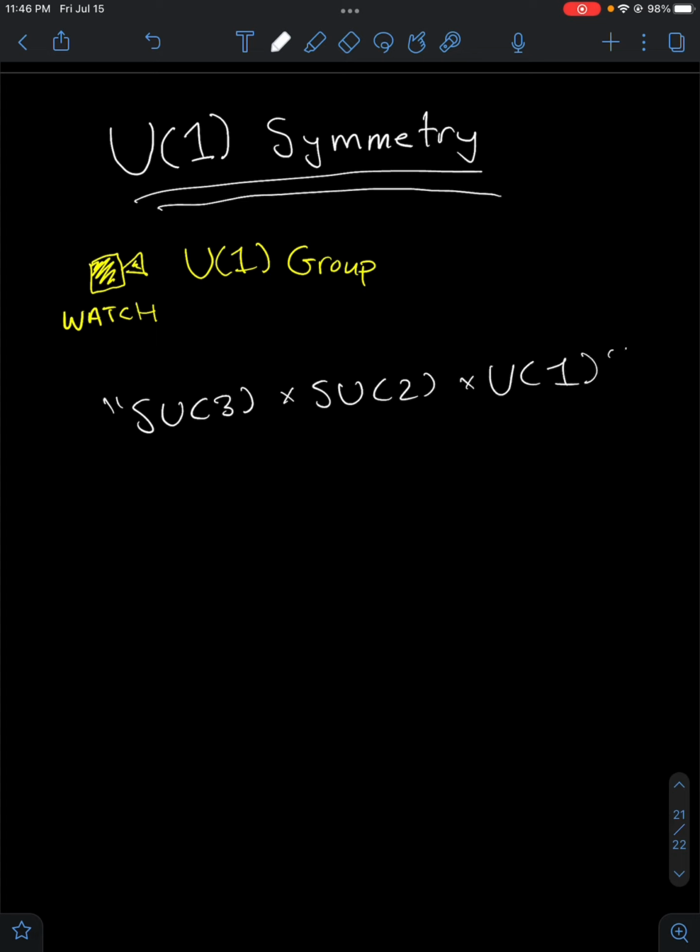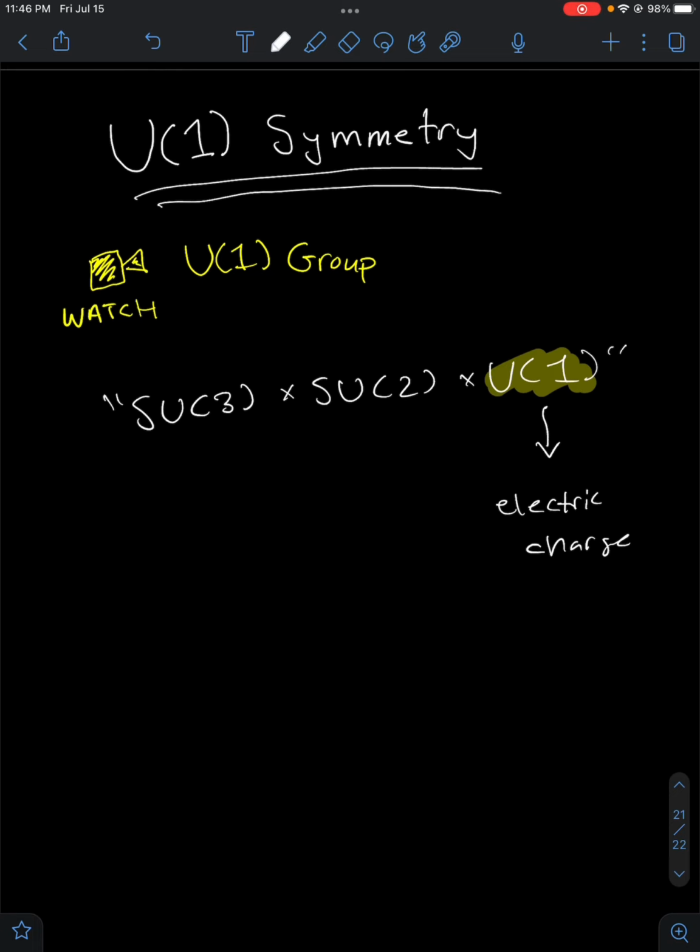And in our video today, we'll be studying the U1 symmetry. The U1 symmetry is important since it gives rise to the conservation of electric charge. So that's why it's a pretty important symmetry to learn. So let's get into it.